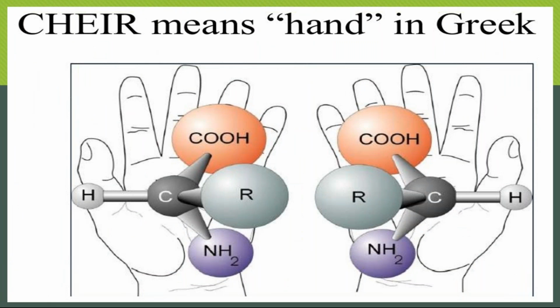Chiral is a Greek word which means hand. You have two hands, and they are identical. Are your hands identical? Yes, ma'am. So what are the similarities between your hands?